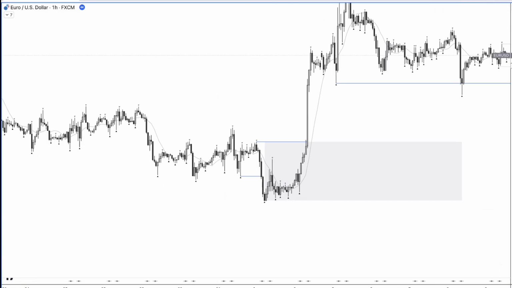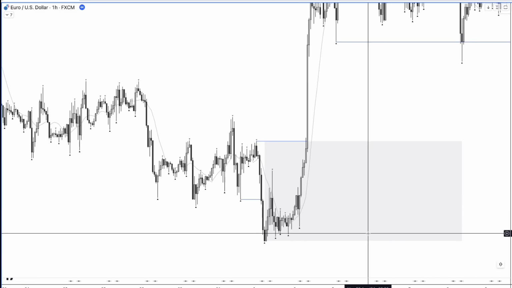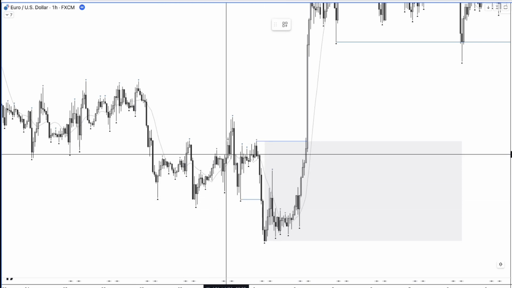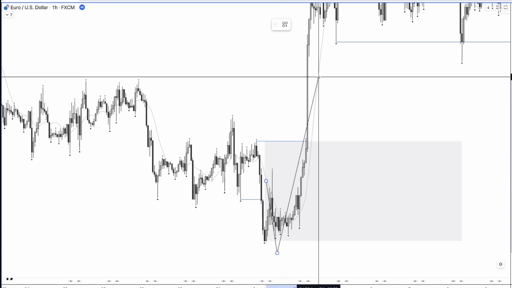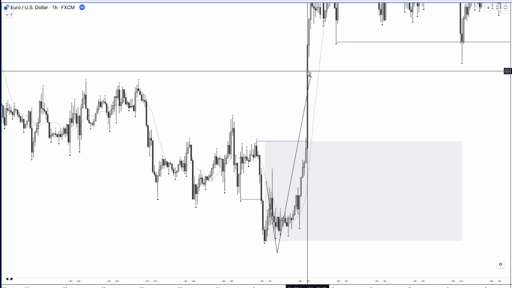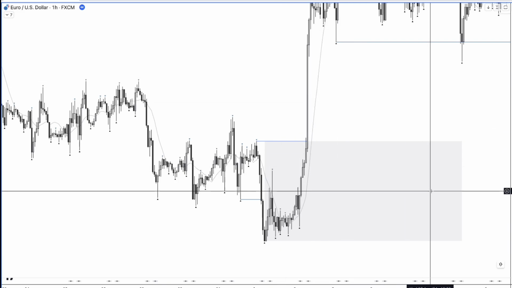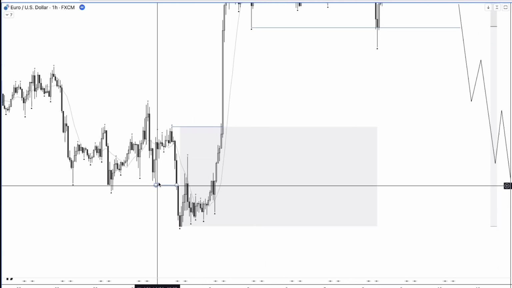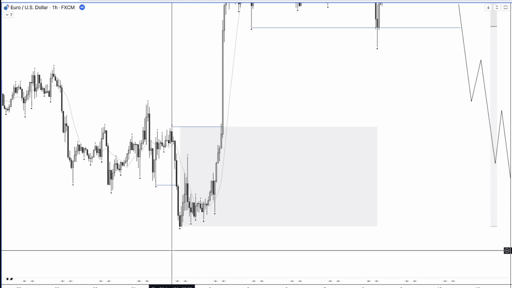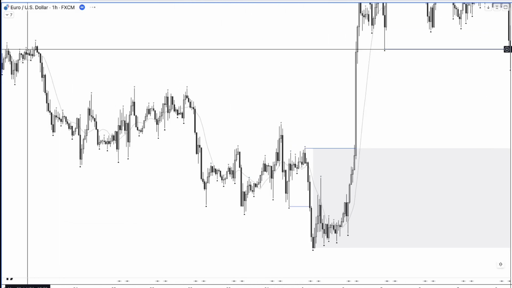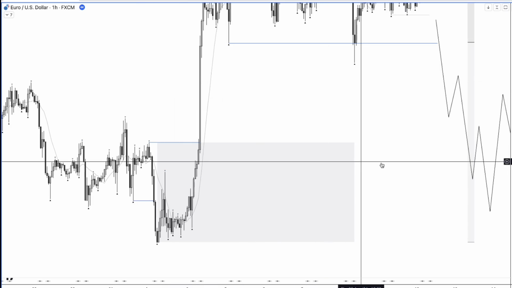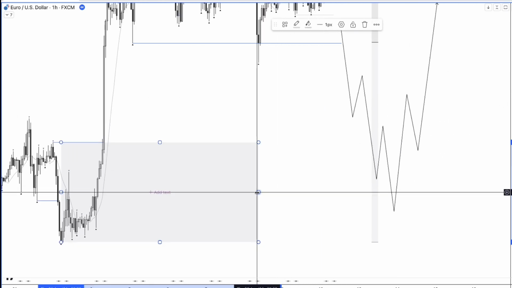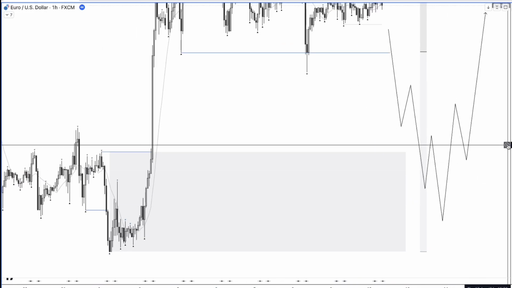If we analyze this, for example, you can see how price action chopped around here previously, took out these lows, and then pushed higher. Why is this a point of interest for me? Because of this initial sweep here, which was then followed by this big push up, which broke structure and took out all of these highs on the left. So in essence, this would be my demand area that I would be interested in.